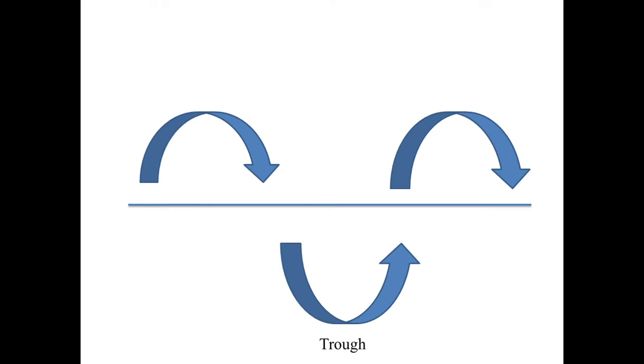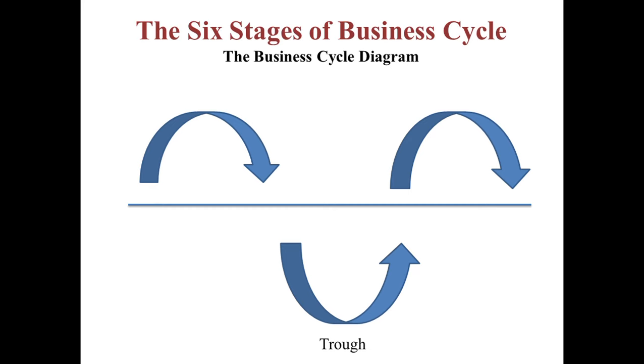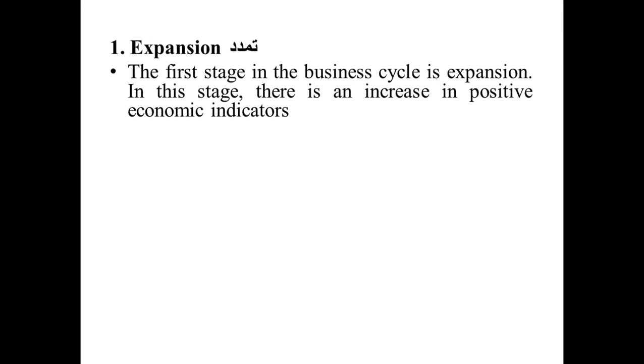Now, this diagram represents the 6 stages of the business cycle. So we will start by getting to know them one by one. Starting from the first stage, which is expansion. Expansion here means the increase in GDP.